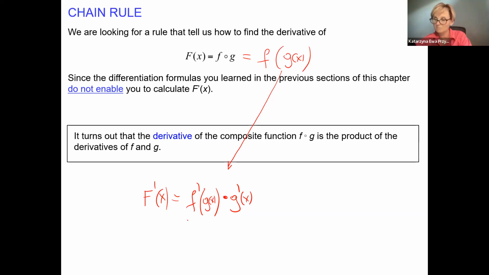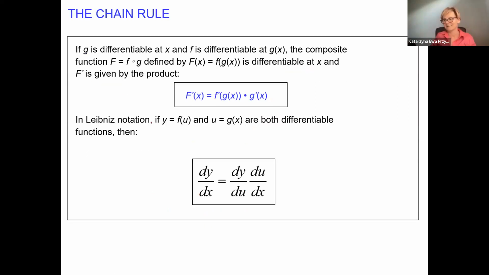So it's the derivative of the outer function times the derivative of the inner, but the input of the outer function is still the same inner function. In general, it's just the product of two derivatives. Let's practice a little bit.